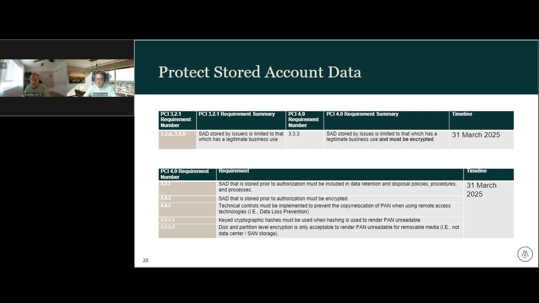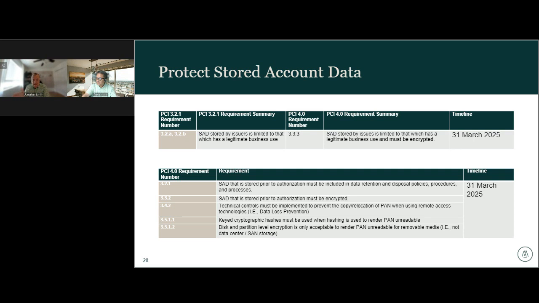You need to deal with it in an appropriate way, removing it after authorization, etc. And building upon that, for sensitive authentication data that is stored prior to authorization, once again, you need to encrypt that data. So those are new requirements. That applies to all organizations. And again, I'm talking about sensitive authentication data before authorization.